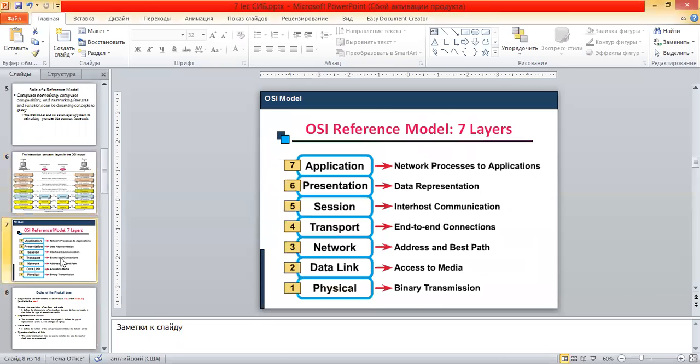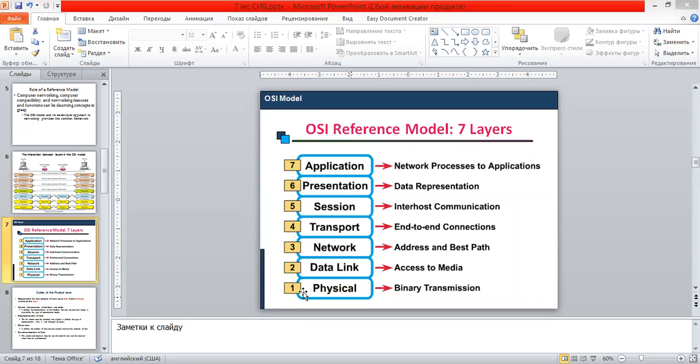So these are the 7 layers of the OSI model. First, physical layer and data link, network, transport, session, presentation, and application.